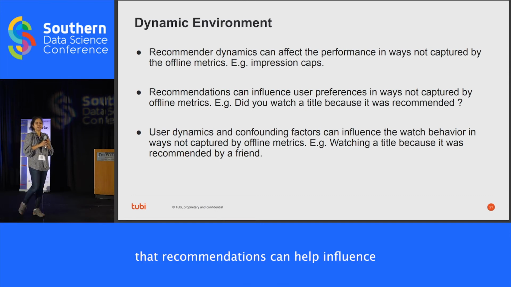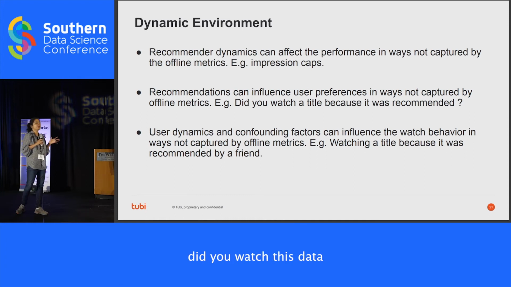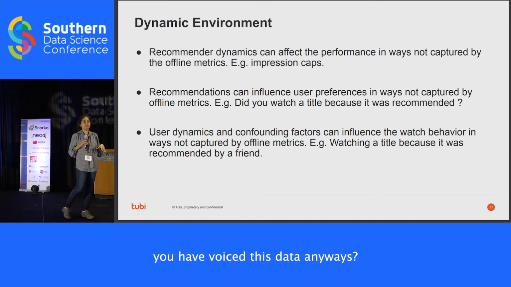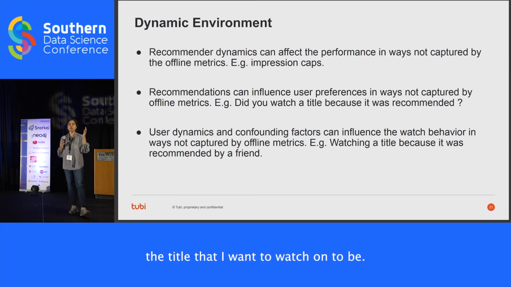The other thing is that recommendations can help influence the user preferences in ways that are not captured by offline metrics. For example, did you watch this title because I showed it to you? Or would you have watched this title anyways? Sometimes I already know the title that I want to watch on Tubi, so when I log in, I see it.